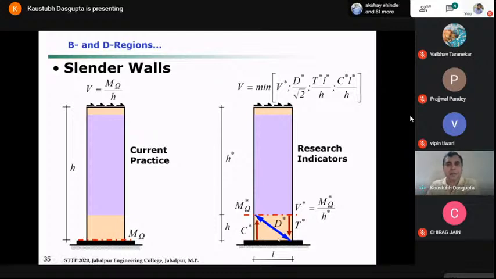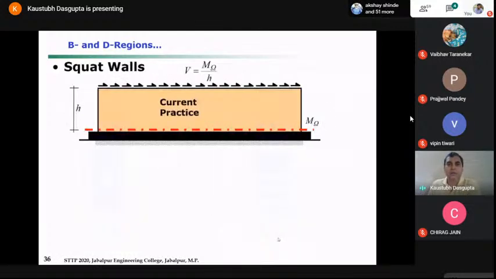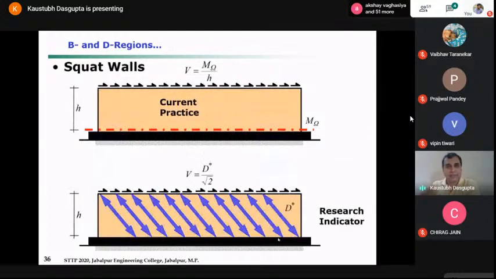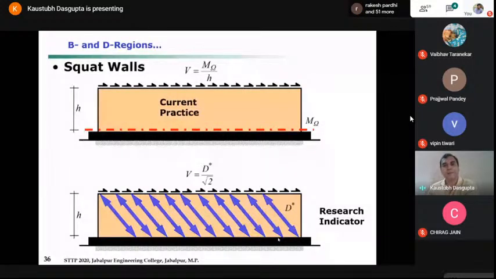Similarly, for squat walls we do not have any such strut and tie model. You open the design guidelines for road bridges in IRC, the Indian Roads Congress, and look at the pier design, how it is designed. Every pier, irrespective of whether it is slender or squat, is prescribed to be designed using the bending moment or flexural behavior.